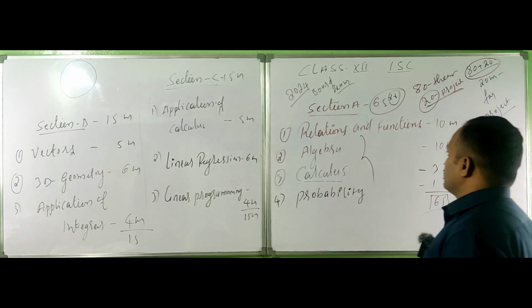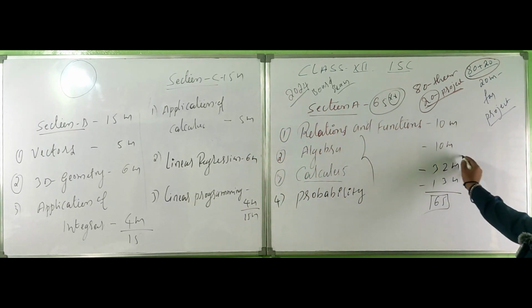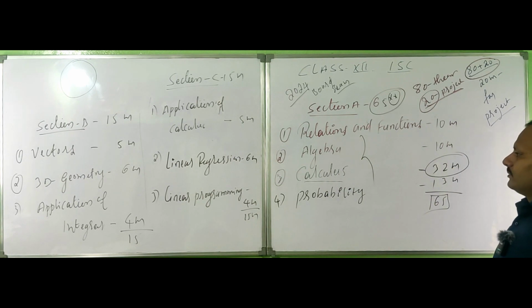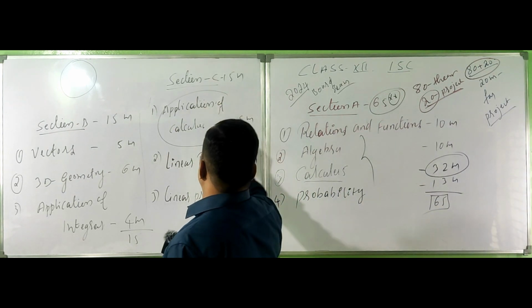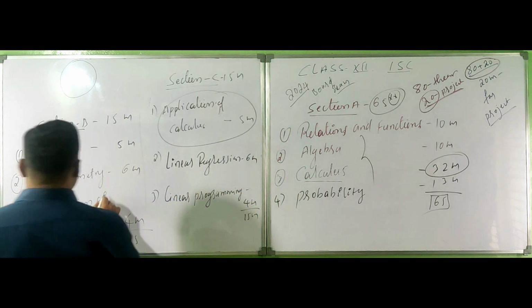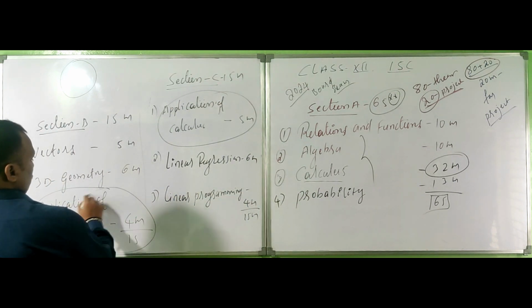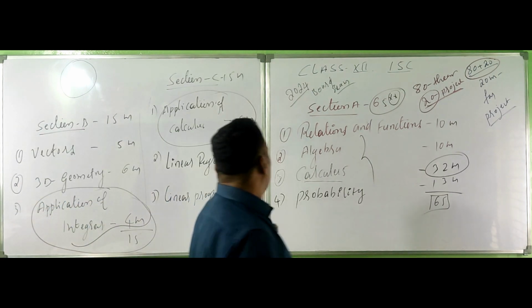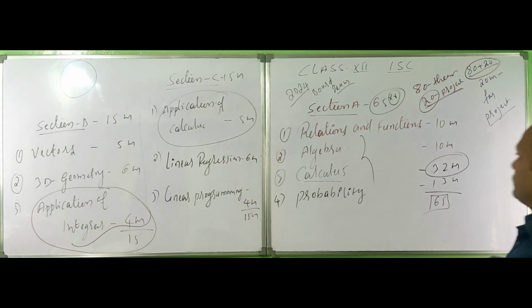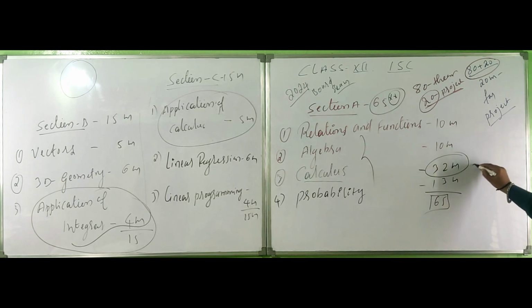The highest weightage is general calculus, 32 marks, for section A. Again, here calculus also has 5 marks, and application of integration is also 4 marks. 32 plus 9 is 41.